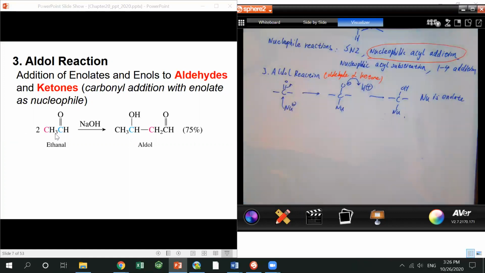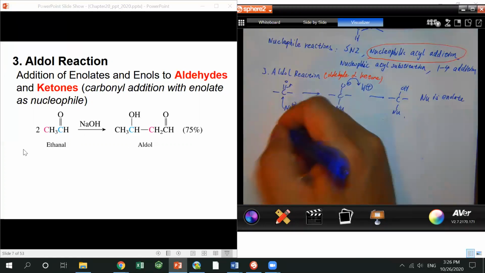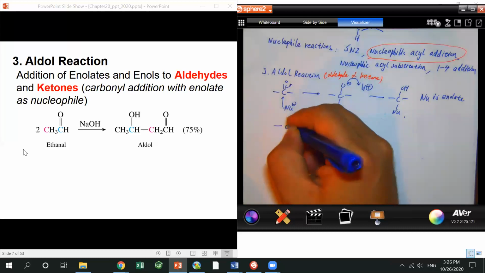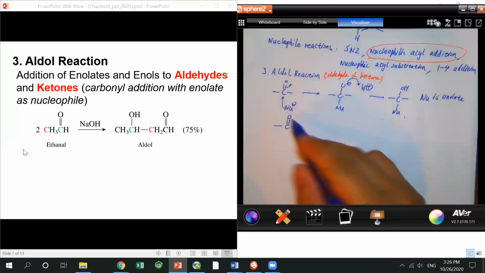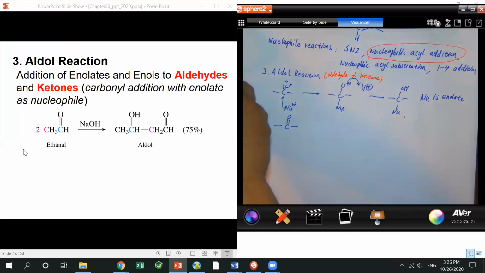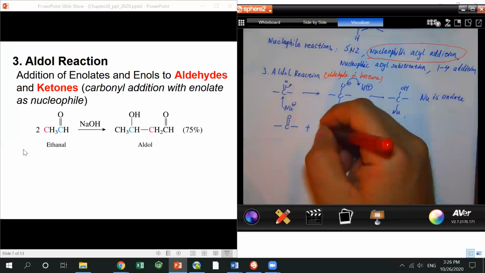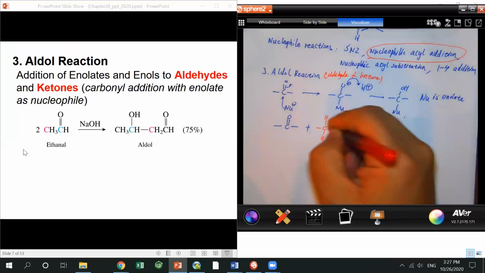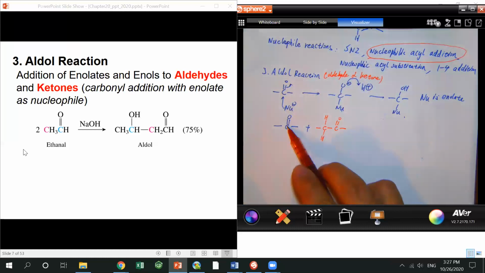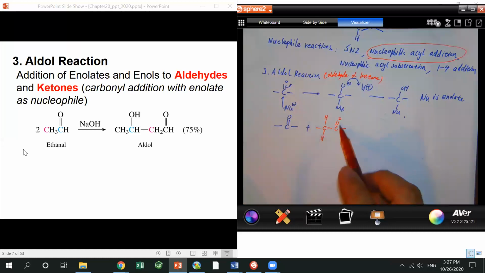Like it showed here, you have two ethanal molecules reacting with themselves in an Aldol reaction. Here I show you the general reaction. That may be an aldehyde or ketone, and then another aldehyde or ketone comes in and contributes the alpha carbon.